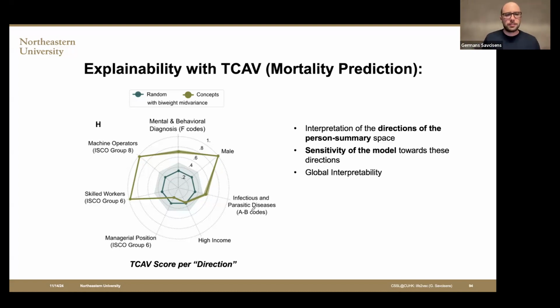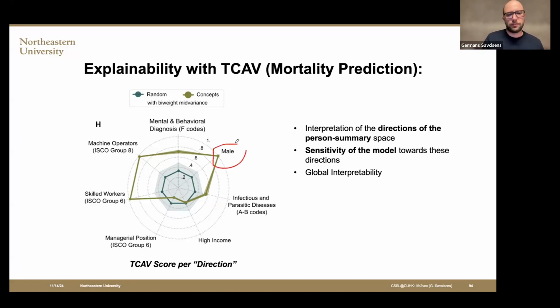And so what TCAV does is that, first of all, it finds these directions for concepts in your space. And then it allows you to see that if you randomly pick, for example, 1,000 sequences and move their representation along this concept, in how many of them would the prediction increase? In our case, if we walk along the male direction, how many sequences would increase the probability of death? And this is basically what TCAV does.